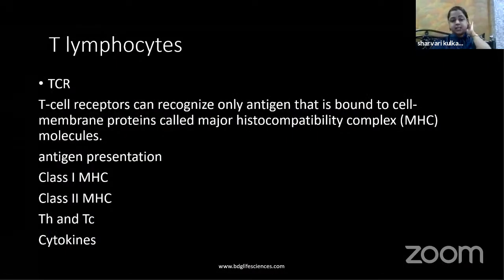Now, T lymphocytes, as we have seen in the previous diagram, have T cell receptors present on the membrane of the T cell. They can recognize antigen which is bound to membrane proteins called major histocompatibility complex. Unless and until the antigen is bound to MHC, there will not be a reaction of antigen and antibody and there will not be an effective immune response.